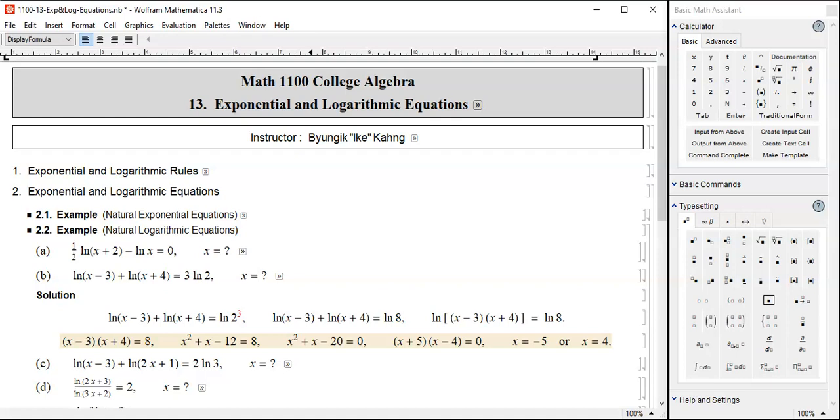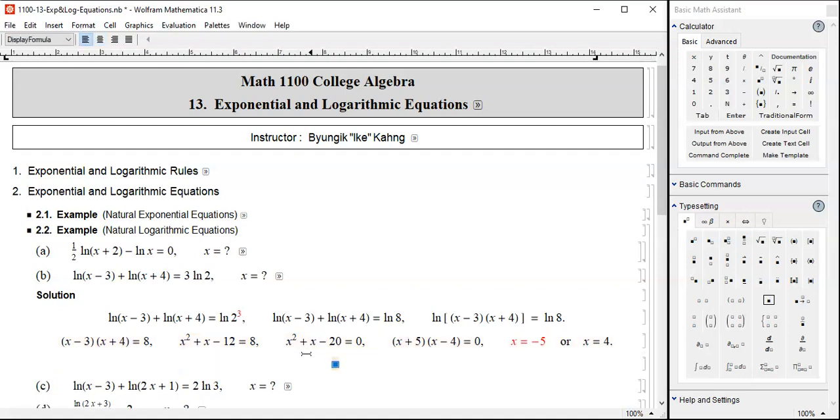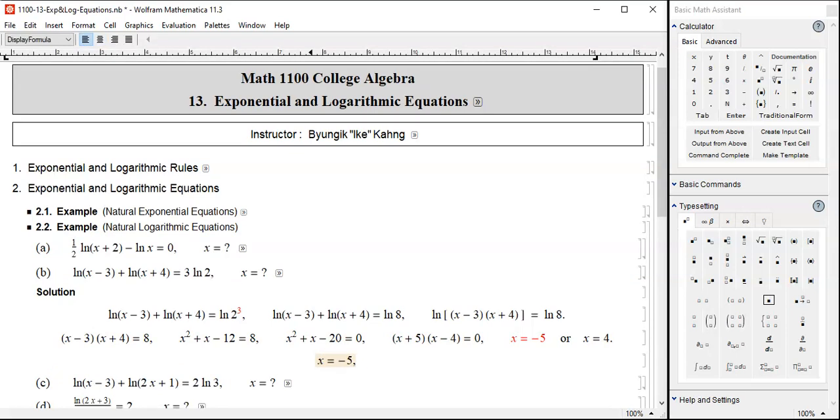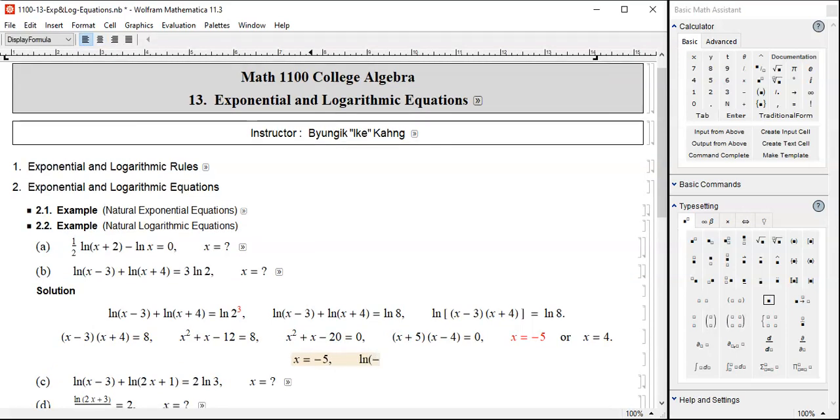Okay, and then what do you do now? You always check for possible extraneous solutions. When x equals negative 5: log of (negative 5 minus 3) plus log of (negative 5 plus 4) is equal to 3 log of 2.